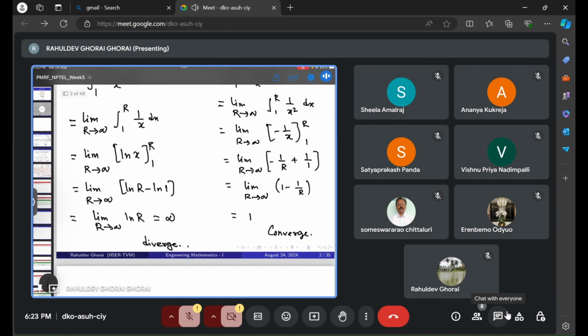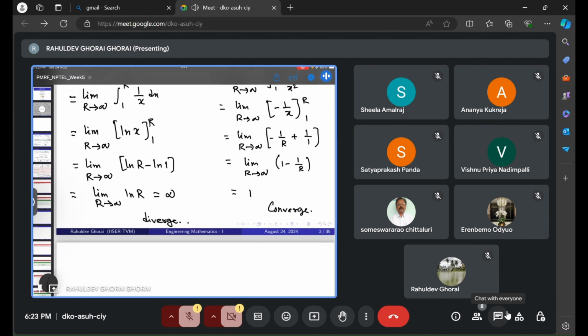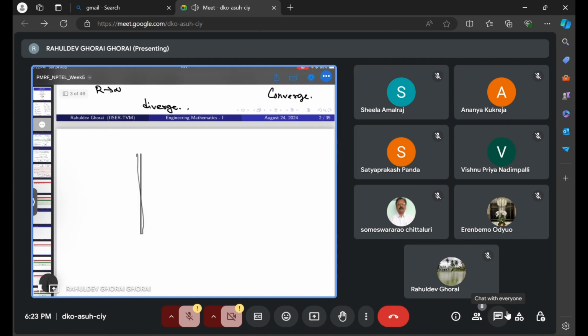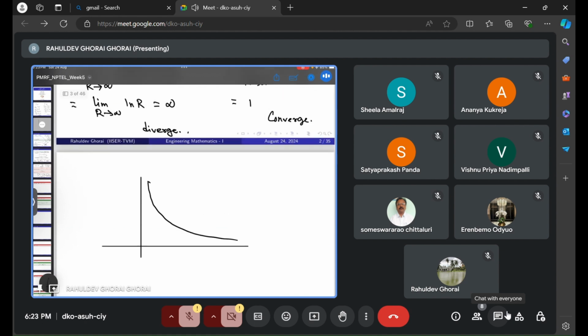You can draw the graph of the function. So y will be equal to 1 by x. Let's say at x equal to 1 it is 1. But if you go beyond, what about the 1 over x square graph?